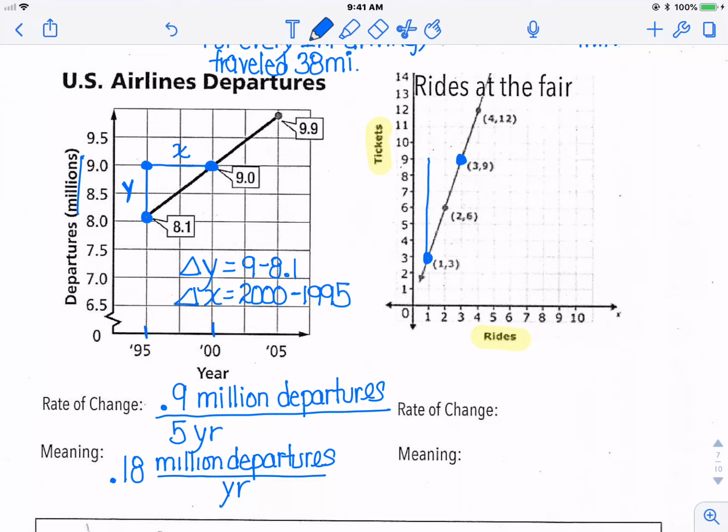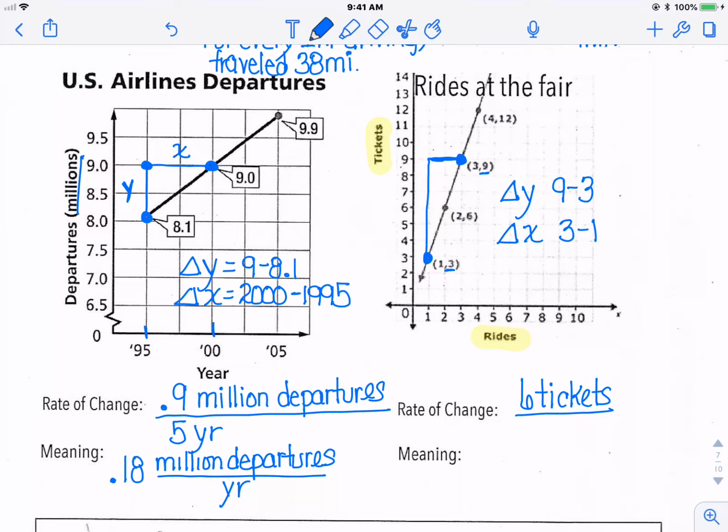And there's going to be our change in y, and there's going to be our change in x. So my change in y, it's going up to 9 tickets, but it started at 3. So 9 minus 3. This increased by 6 tickets. And my change in x, that's going to be that went from 1 ride to 3 rides.